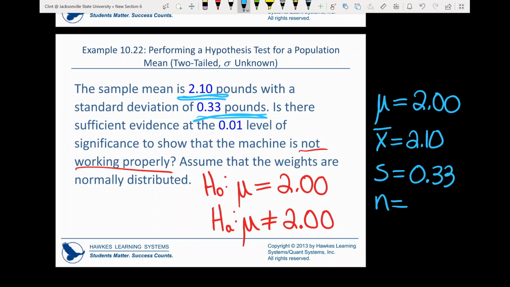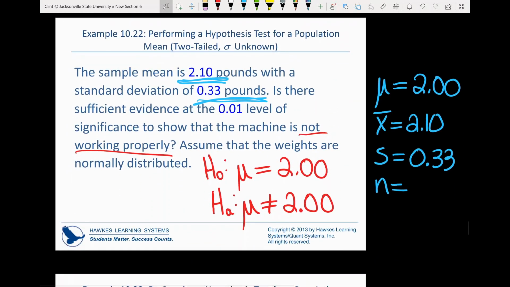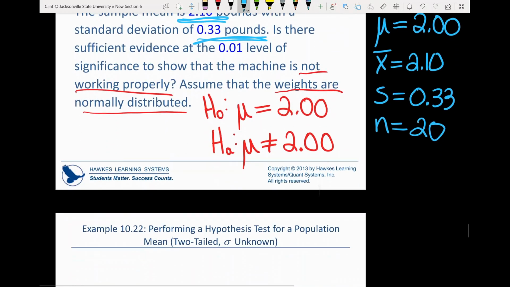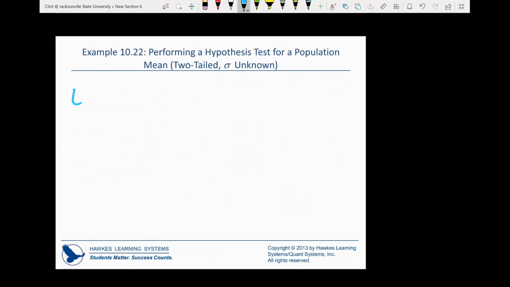And then we'll have to look back: they calculated the mean weight for a simple random sample of 20 packages of beef. That's not big enough for the central limit theorem, but what else does it say? It says assume the weights are normally distributed, so that lets us do our test here.